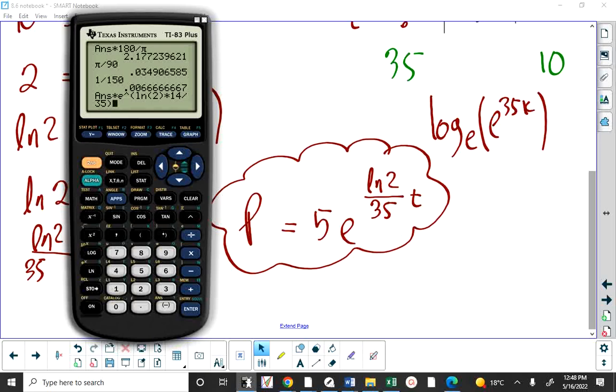I should have 5. Not sure where that came from. 5 times e to the ln 2 times the time over 35. And Liam, are you okay with me kind of rearranging where that 35 and the t are? Okay. This is what I get for the projected population in the year 2001.